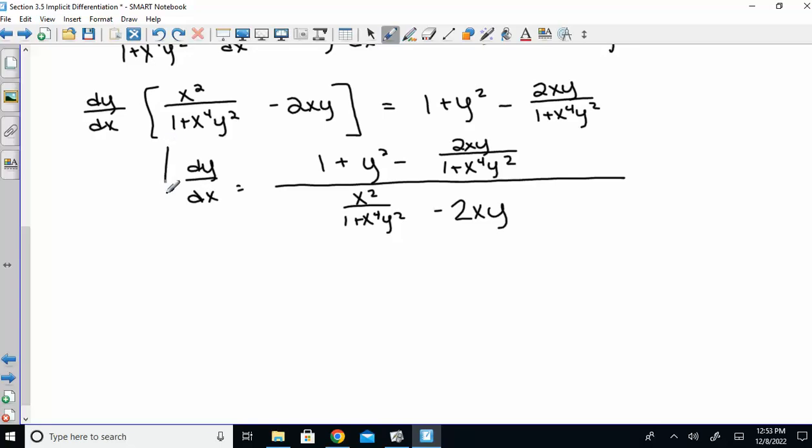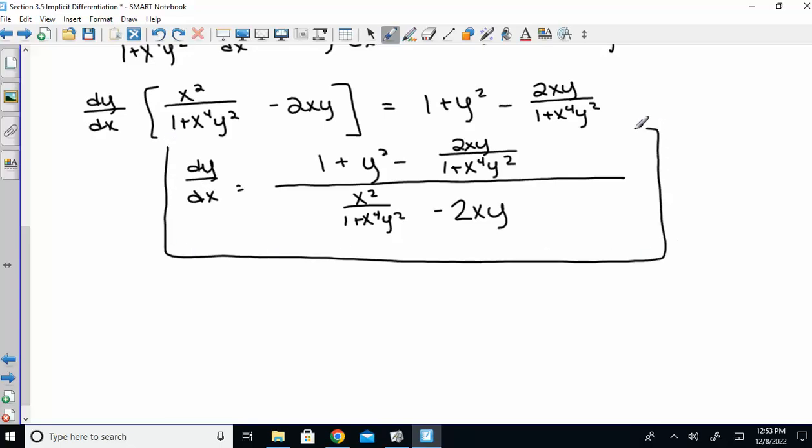Now, this is really ugly, the fraction and the fraction. We can clean all that up. If you look at my answer key, I did. But I'm more worried about the calculus than the algebra here, so if you stopped at this point, that would be okay.